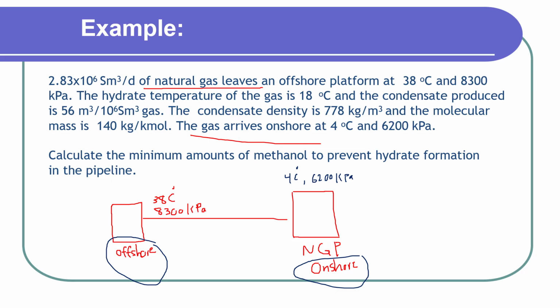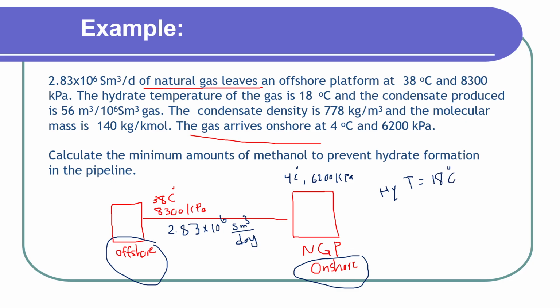Okay, and you know that the gas stream is 2.83 × 10^6 standard meter cube per day. And you know that the hydrate formation temperature is around 18 degrees Celsius.